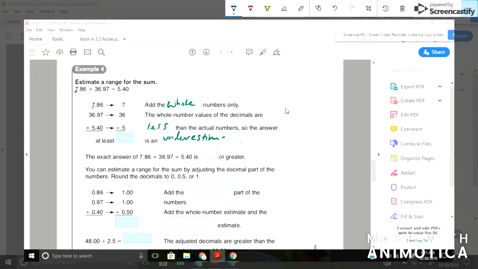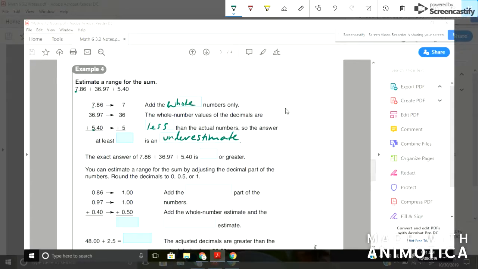Okay, we talked about underestimates at the way beginning of the year because we're ignoring this. And so this number is actually smaller than the actual number. The estimated number is smaller than the actual number, so it's an underestimate. And again, we're going to round 5.40. We're just going to front end estimate, so we're just going to take the 5 there, and then we're going to add.